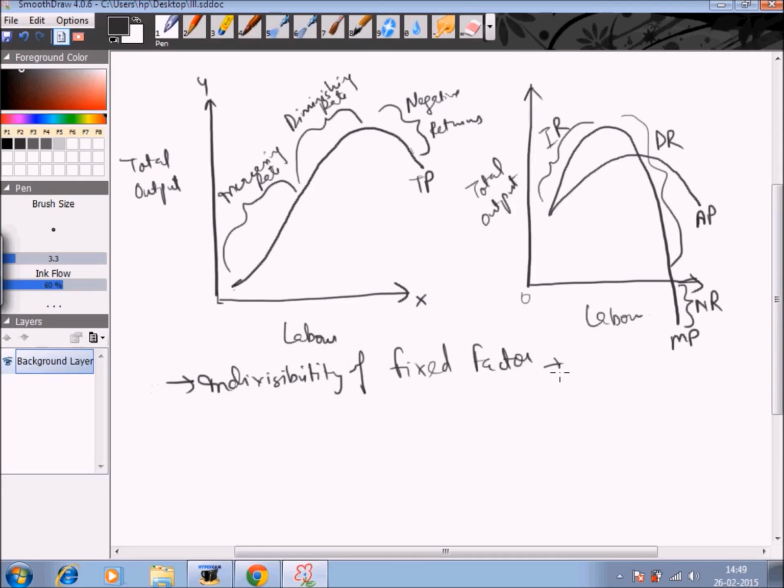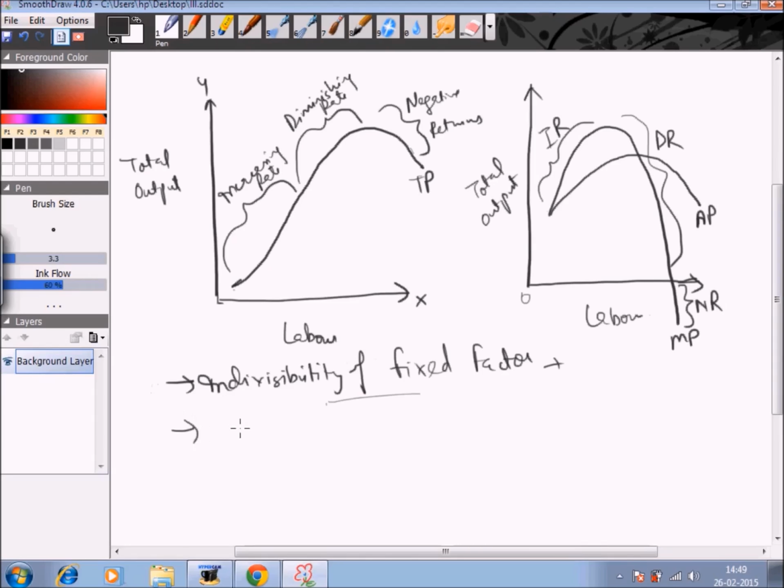But as we increase the labor to 101 on that particular machine, the productivity per laborer will go on diminishing. So because the fixed factor is indivisible in nature, that is why we get more productivity as we increase the variable input to the fixed input.